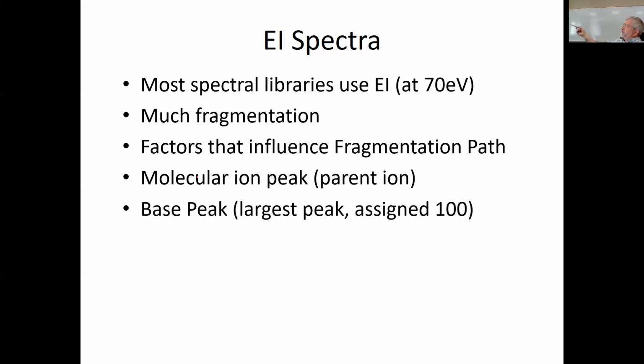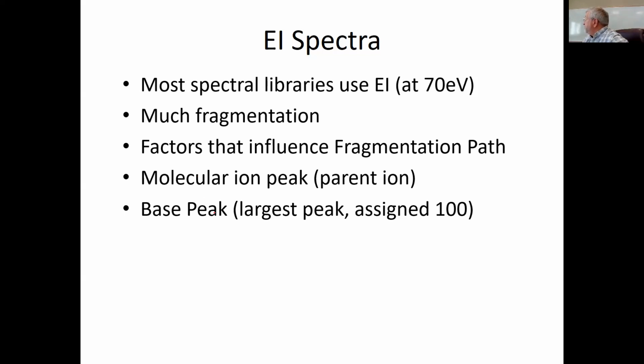This is just a characteristic of any mass spectra, but there's always going to be a base peak. And a base peak is the peak that's the largest. And what they do is they take that base peak that's the largest, and they convert it to 100.